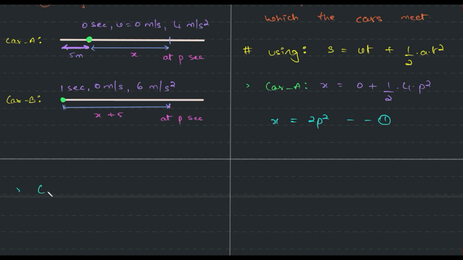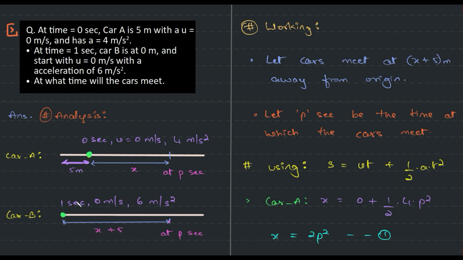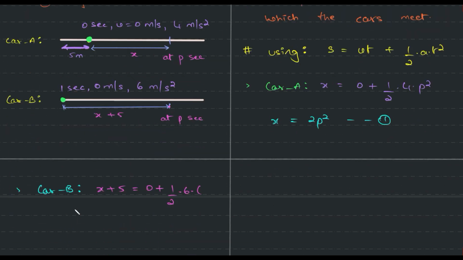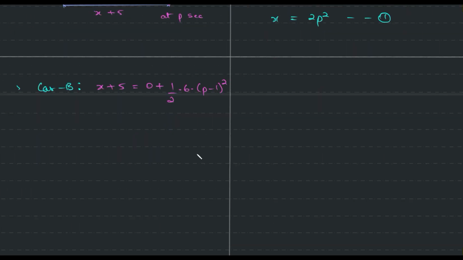While our car B, this is where it might get a bit tricky for you guys. So please concentrate. Car B has traveled x plus 5 meters. The initial velocity continues to be 0, half into 6. And the time it has traveled as per this, can you see that? It has started after 1 second. This takes 1 second to start. So there's a time gap of 1 for its journey.